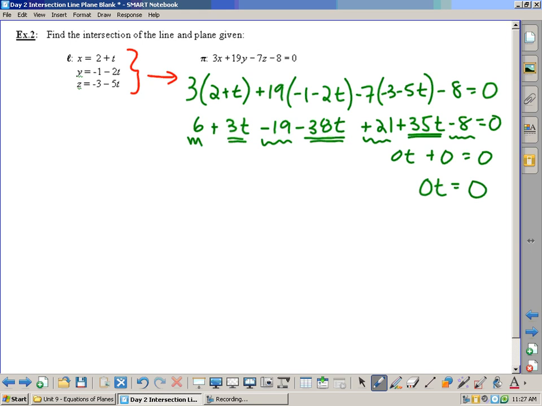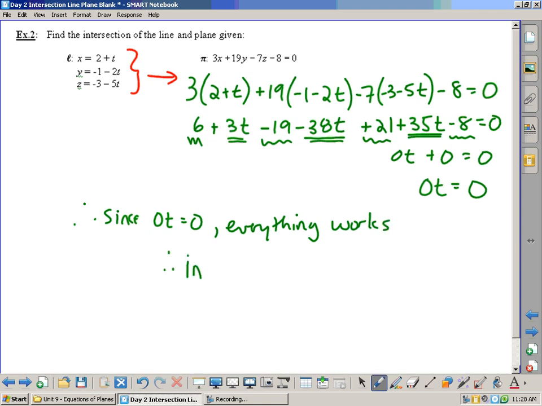So we have 0t equals 0. That is, every value for t will satisfy. So since 0t equals 0, everything works.